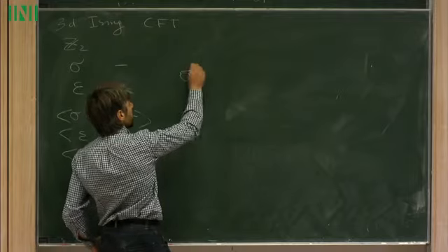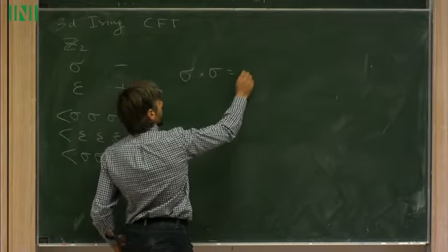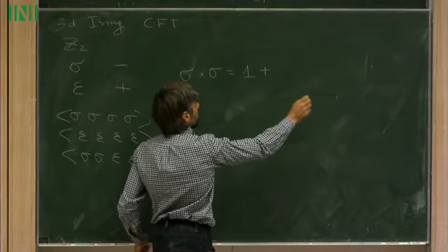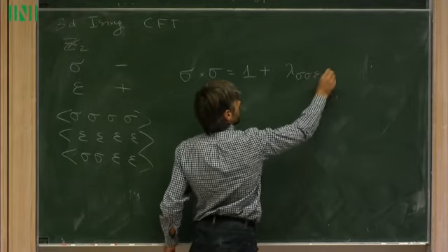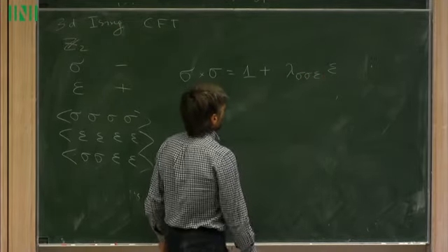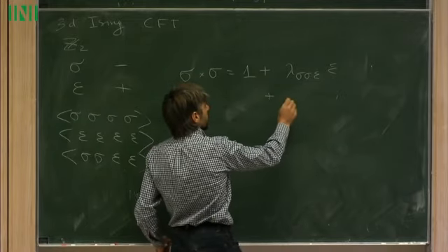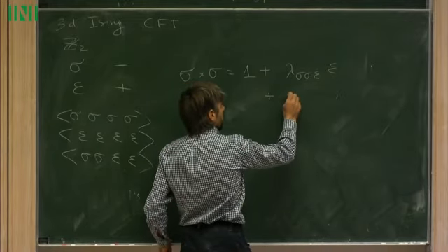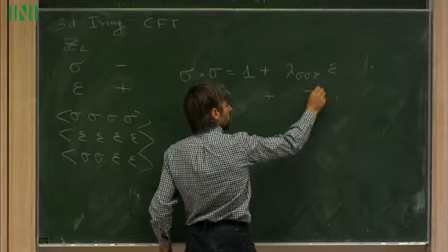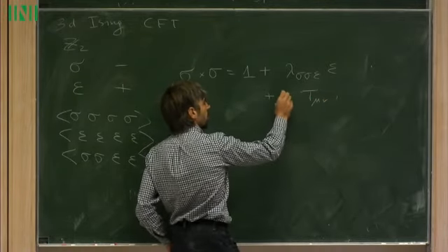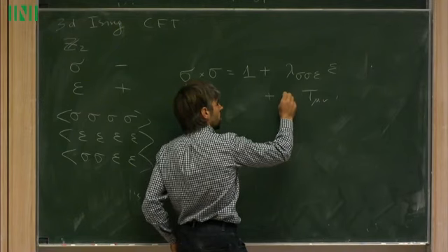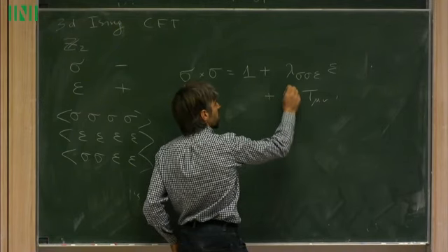So the OPE sigma times sigma will contain the unit operator plus the epsilon operator with some coefficient, which we don't know, plus T mu nu, also with some coefficient, which can actually be expressed in terms of the central charge.